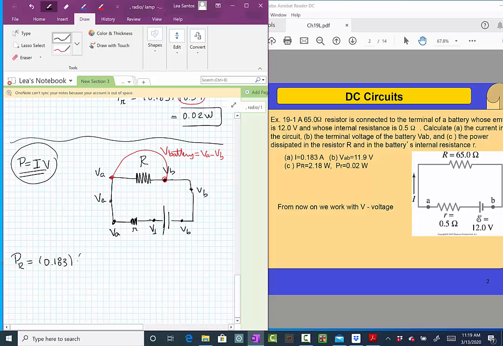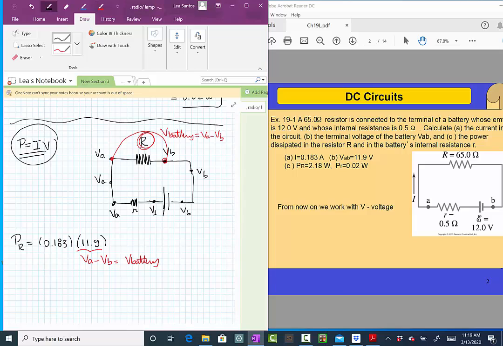In this case is 11.9, which is the potential difference of the battery, is the VA minus VB. This is the potential difference for this resistance here.